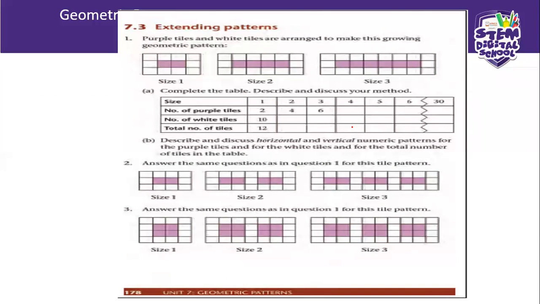All right? Sir, in the first picture, I see there are 2 blocks. In my opinion, I think they are increasing. Because in the first picture, there is 2. The second picture, there is 4. The third picture, there is 6. All right. Excellent.